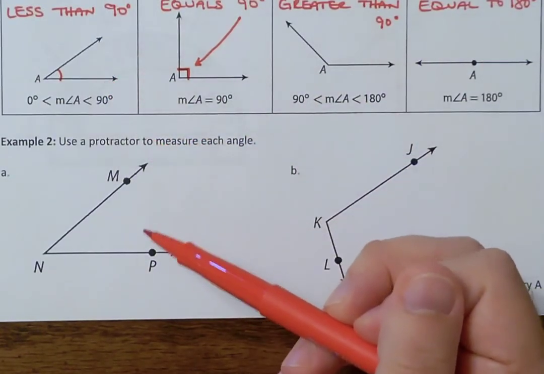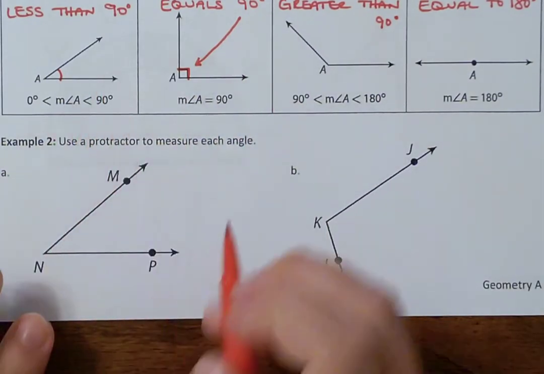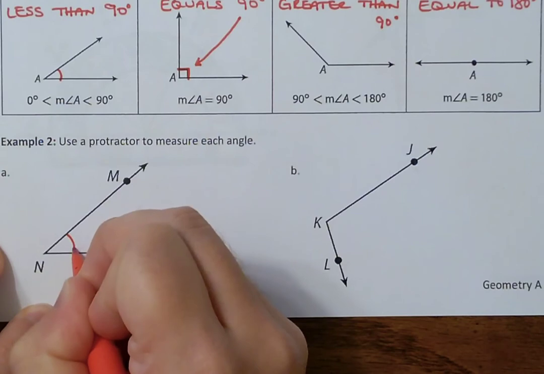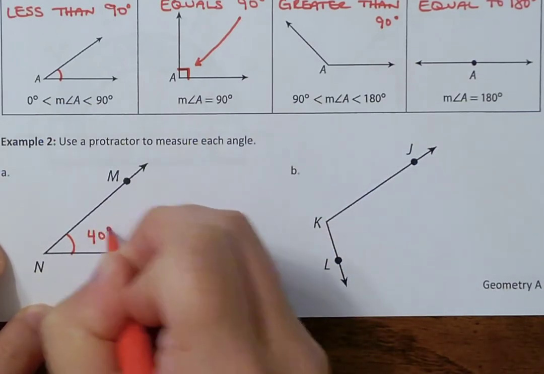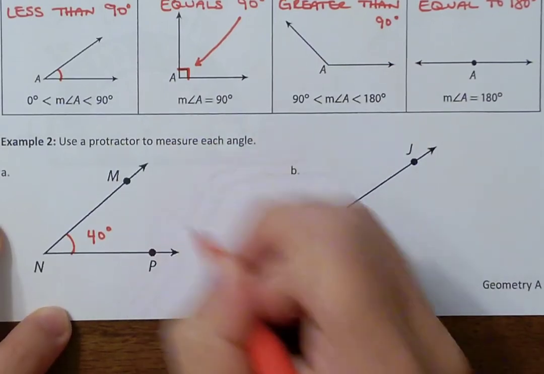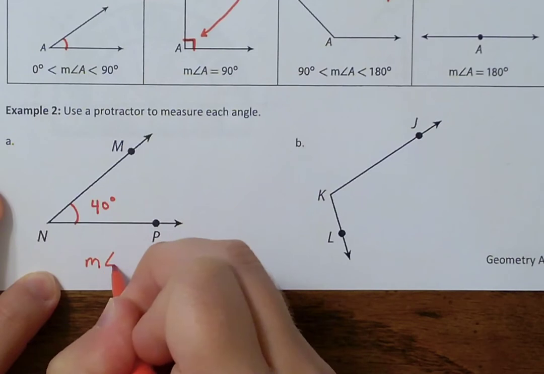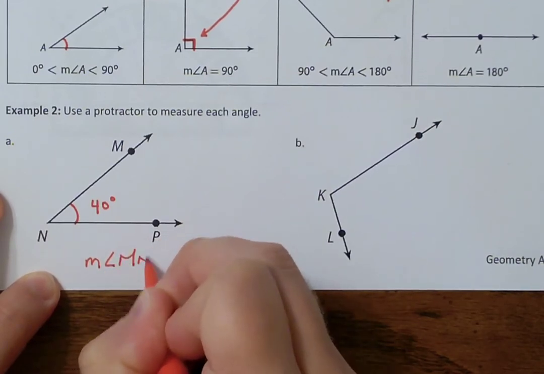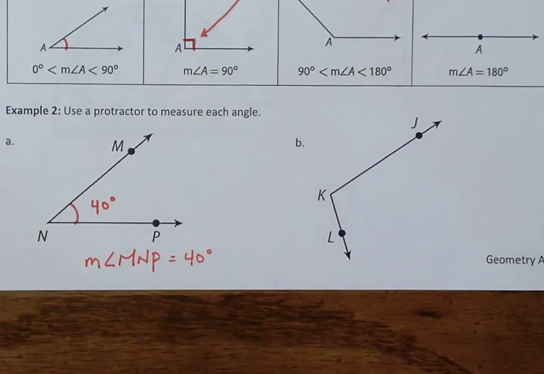So if it's between 40 or 140 degrees, that has to be less than 90. So the measure of angle MNP is 40 degrees. If you want to write that out, it's measure of angle MNP equals 40 degrees.